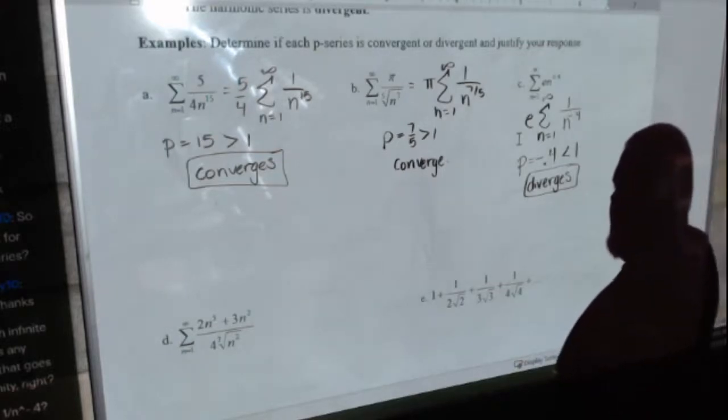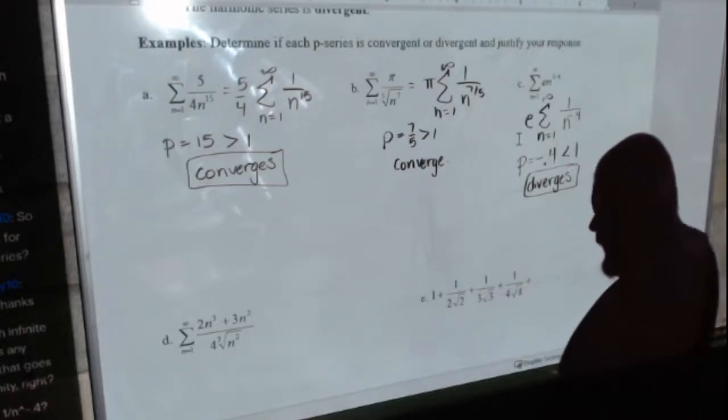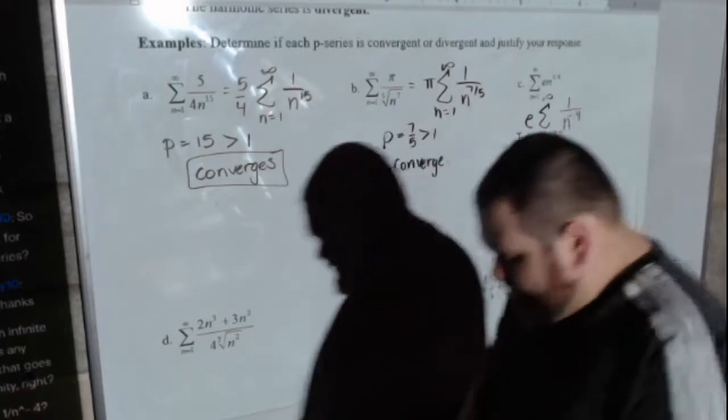All right. Part D. So I'm going to again take that and break it into 2.